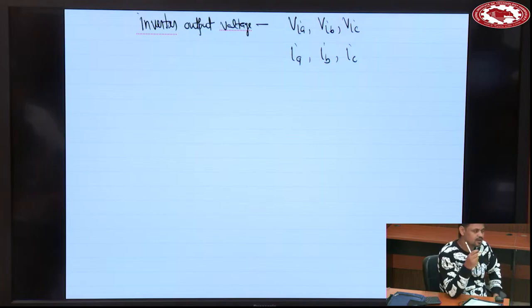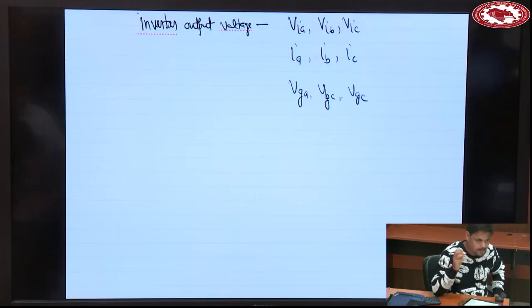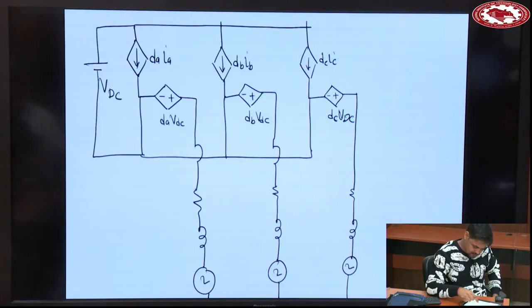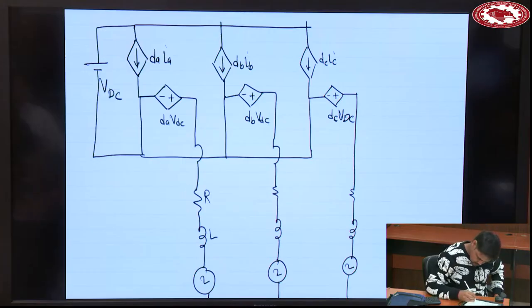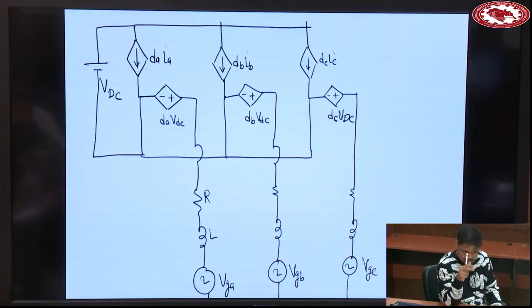It is passing through RL, and then the grid voltages are VGA, VGB and VGC. What is the KVL equation for this? VIA is equal to R IA plus L dIA by dt plus VGA. Can you write three equations, one for each phase?